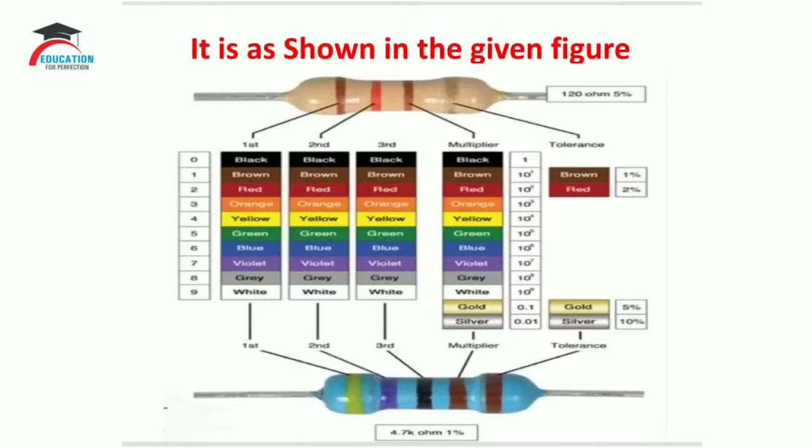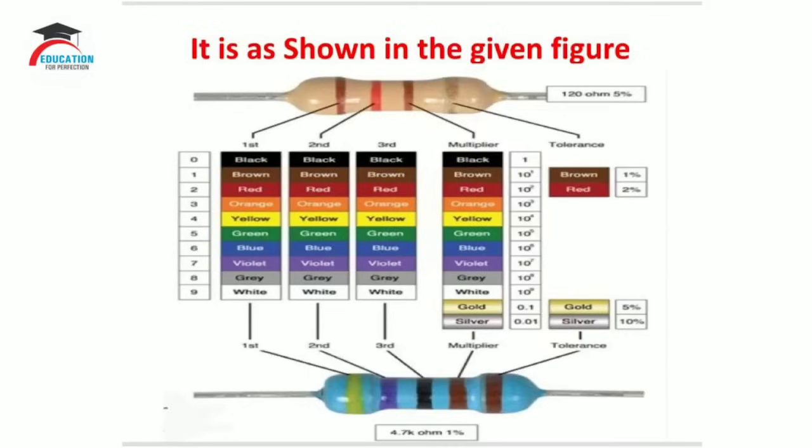So how will we be calculating the total value of the resistor? The total value of the given resistor can be calculated in this way. The first color band, as we have already seen earlier, was number 1 as per the color coding system sequence. Then the second color band was number 2, which represents the red color, and the third band is represented with the color brown, which is also called the multiplying factor.